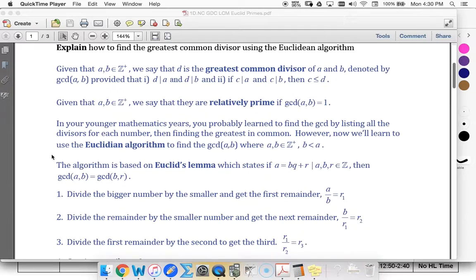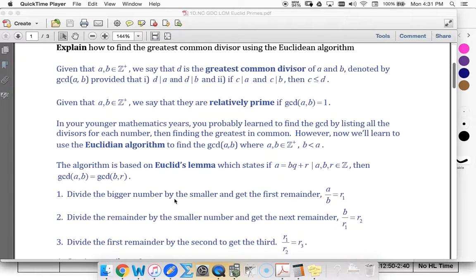So this starts from Euclid's lemma, which says that if some number A is BQ plus R, so really what this is saying is that A divided by B is some quotient plus a remainder, then the GCD of A, B is the same as the GCD of B, R. So we're going to take this and expand on it to find the GCD.